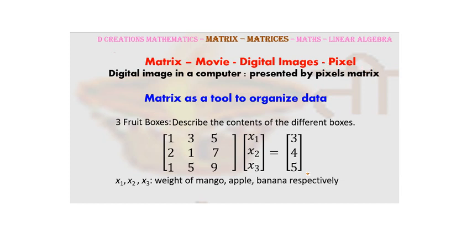Now, if you think of a digital image, for simplicity, let us think of a grayscale image. So basically no other colors, only black and white and its combinations. That image will be represented by a pixel matrix.